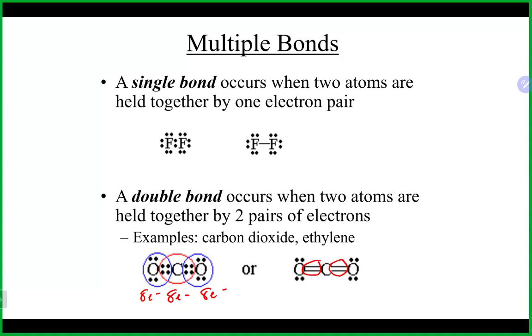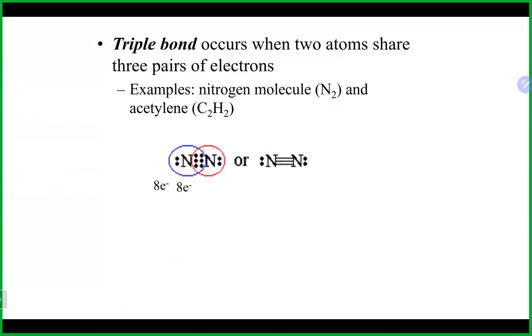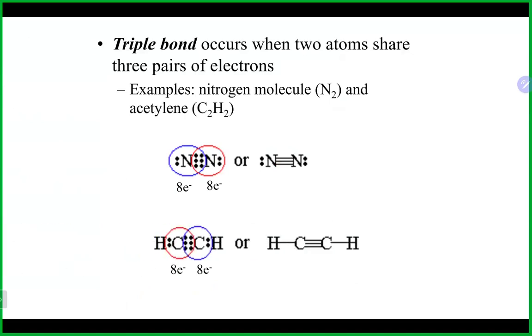So sometimes, as we'll see when you're drawing these pictures, single bonds are not sufficient to get everybody to that stable state. You do have to make a double bond. And again, that's 2 lines or 4 electrons total, 2 pairs of electrons. You could also have a triple bond. And in some cases, a triple bond is necessary to get everybody to the octet rule.